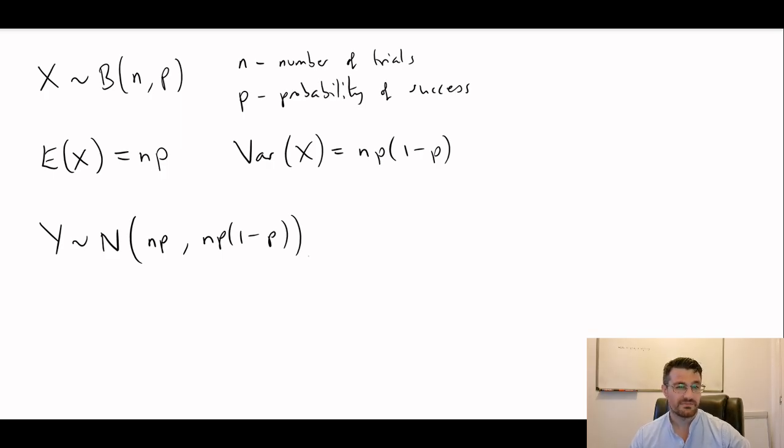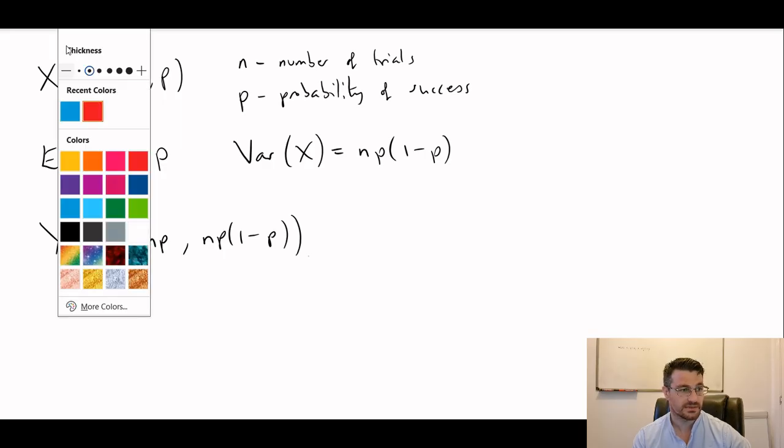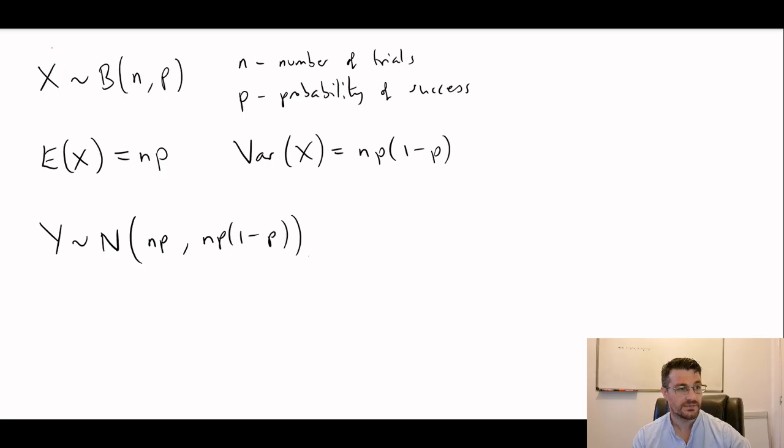then what we find is that, provided that n is sufficiently large, the binomial distribution for X, if we look at the graph of this and the graph of Y, there's a very close resemblance.